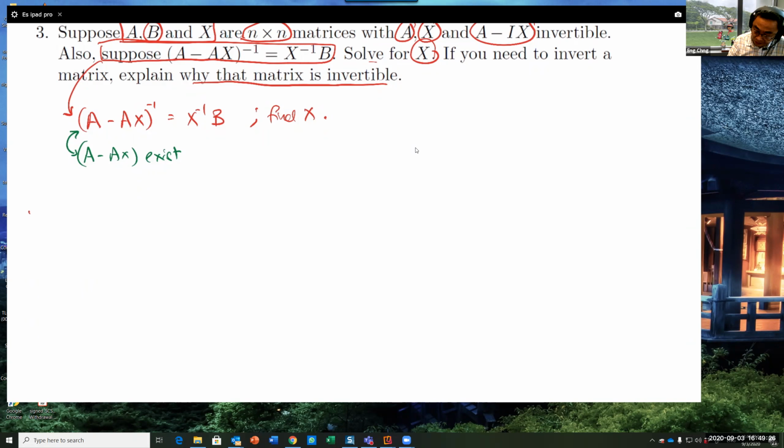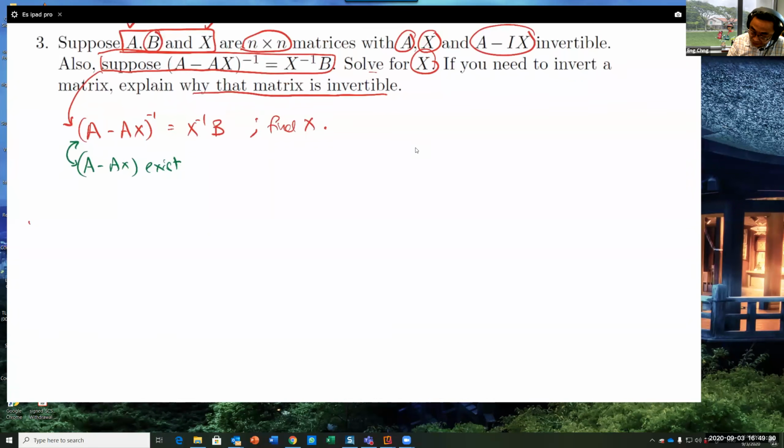All right. So what do we do now? We are going to take the inverse on both sides. If you take the inverse on the left side, you must take the inverse on the right side. So the first trick is this. If you have A and you take its inverse, you get A minus 1.